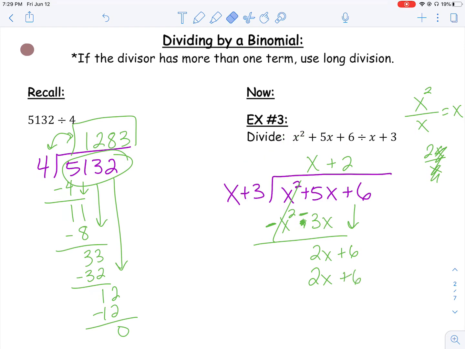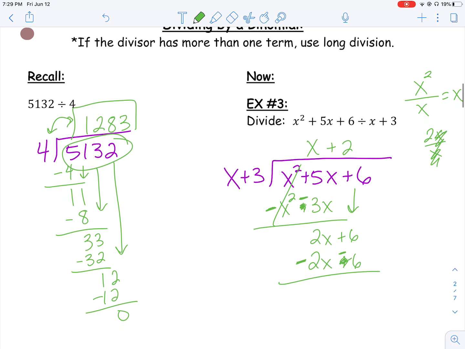Once I multiply it through, I'm going to subtract the 2x and subtract the 6, making sure that I change the sign to everything. You notice that 2x minus 2x zero each other out? And look, doesn't 6 minus 6 also zero each other out? I have no other term to bring down, and that 0 means that there is no remainder.